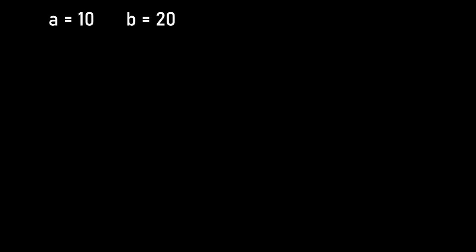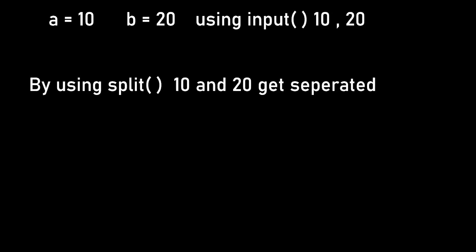Suppose you take a value as 10 and b value as 20, by using the input method you will take those values. By using the split method these two values get separated, and by using the map method these two separated values will get mapped to their corresponding variables.